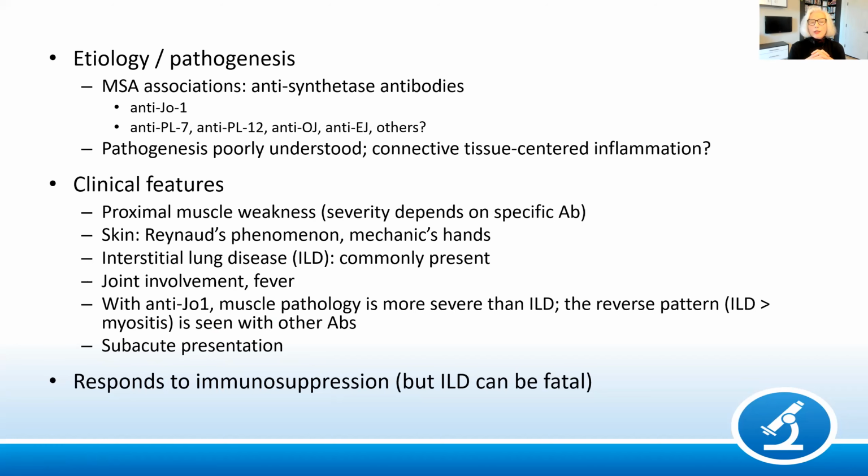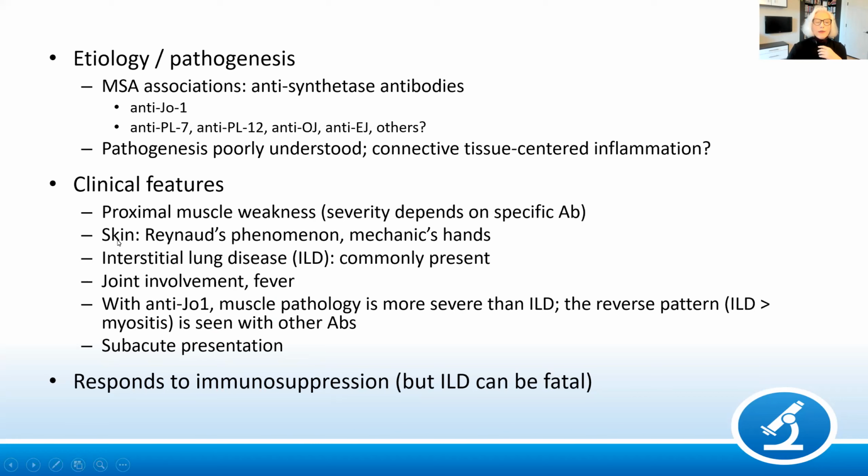And we don't really understand the pathogenesis of this particular disorder very well, but it does seem to be centering on the connective tissue inflammation. And perhaps as a result of that, you have definite involvement of other organ systems here. So you do have skin, and the skin findings somewhat overlap with dermatomyositis findings, which is why these two disorders used to be lumped together.